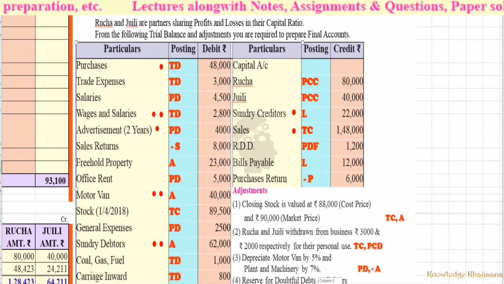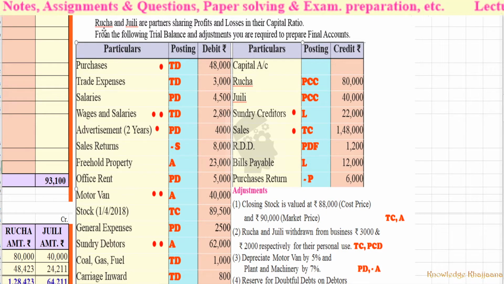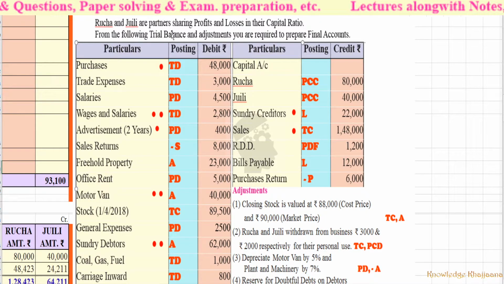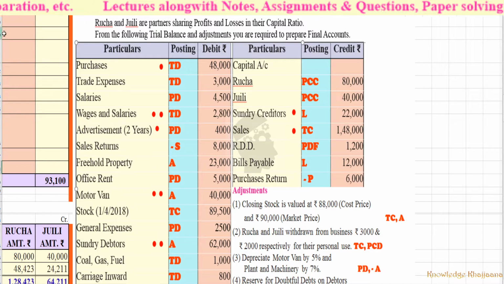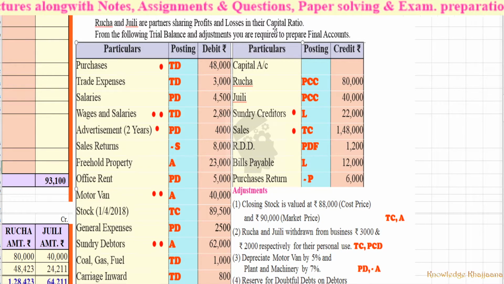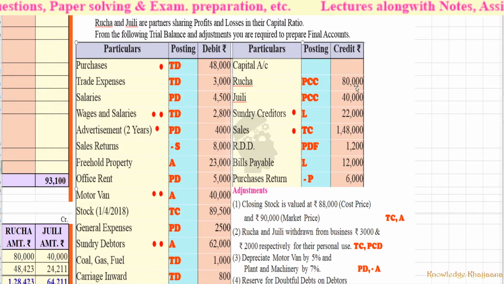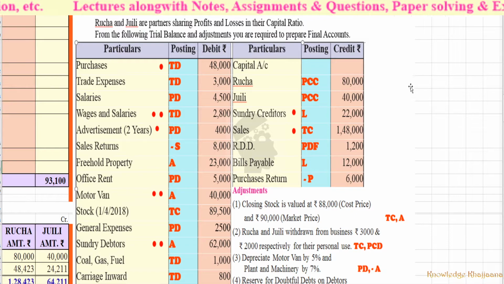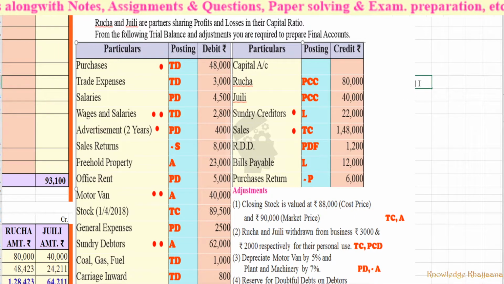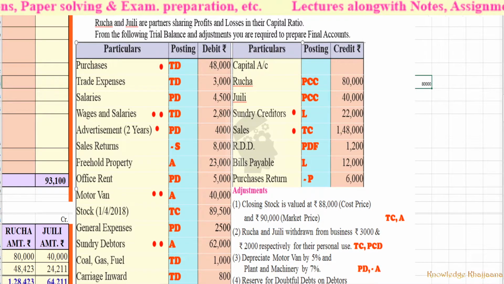Now how to distribute the profit? What rule have they given? In the problem it was given, Rucha and Julie are partners sharing profits and losses in their capital ratio. Whatever profit or loss they suffer, they will share in their capital ratio. Rucha brought the capital of rupees 80,000.